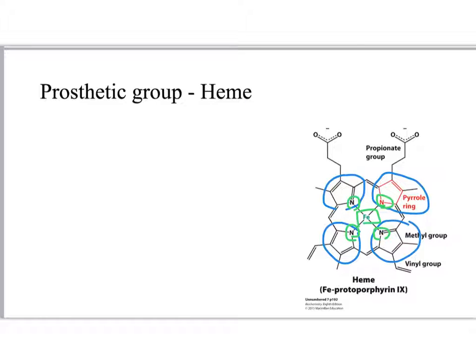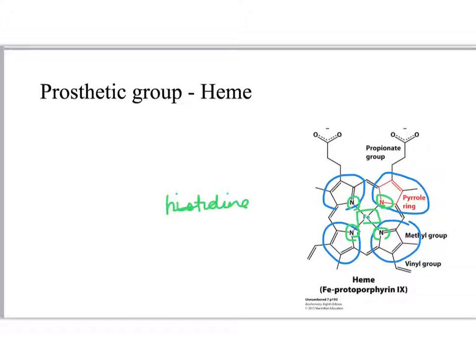Now iron is going to be stabilized by these nitrogens, but also it's stabilized by a proximal histidine residue. So one of the histidine residues from the overall protein chain, that polypeptide chain, is able to interact with and stabilize that iron.